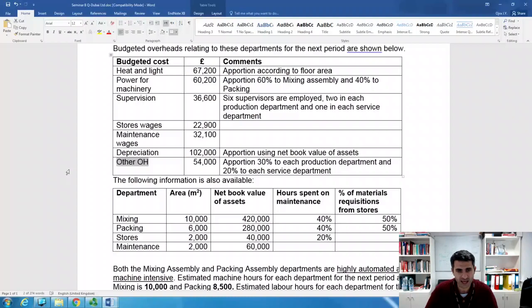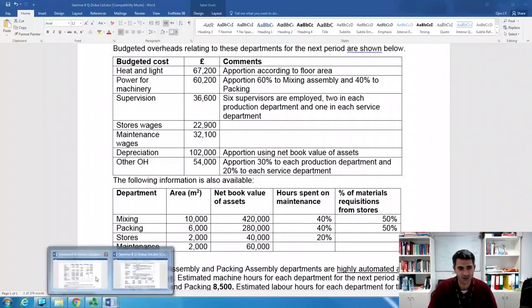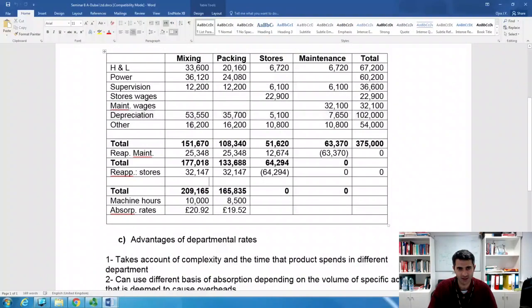So that's 54,000 times 30% and 20%. We've allocated all the overheads. We've done step 2A. After that, you just need to put the total for each department. That's step 2A.